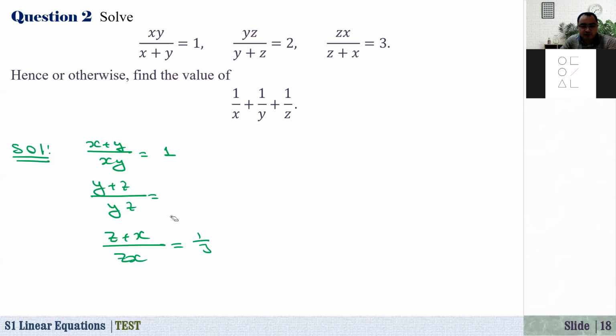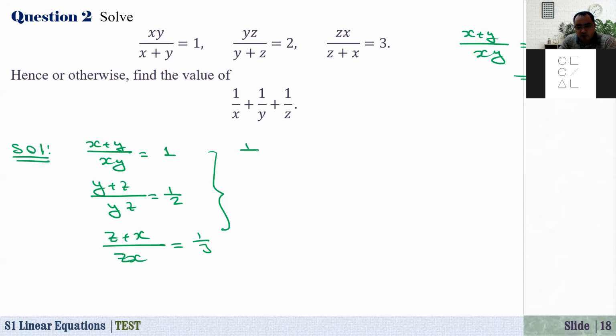Now we can separate them, right? Let me write one example. x plus y over xy, I can write as x over xy plus y over xy, which is equal to 1 over y plus 1 over x, which is equal to 1 over x plus 1 over y.